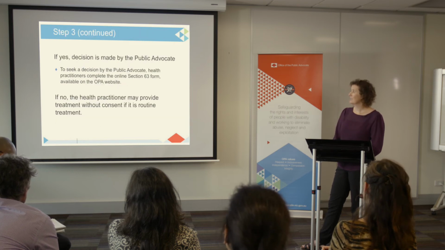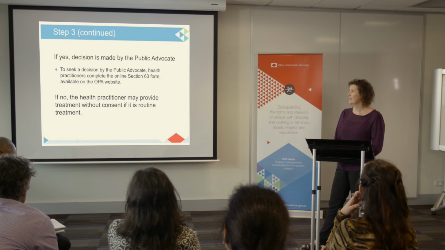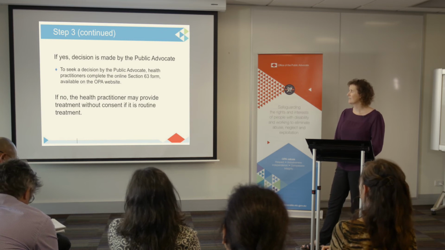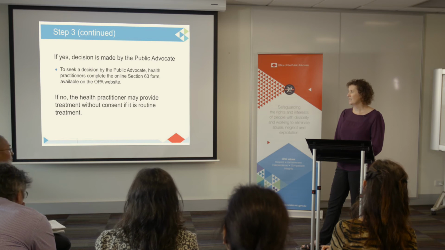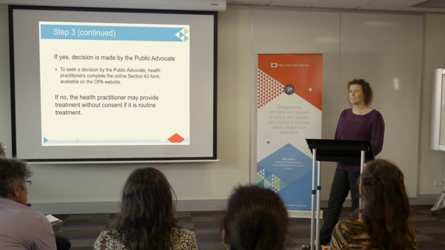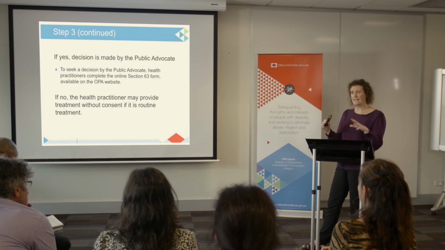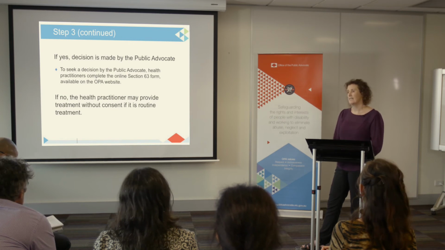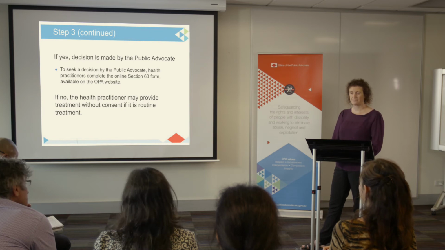So if, as a health practitioner, you have determined that the treatment is significant medical treatment, you would then go on to the Office of the Public Advocate's website. You'll look for a Section 63 form. You fill that in, and that gets submitted online, and that comes directly to my team, the Medical Decisions team.